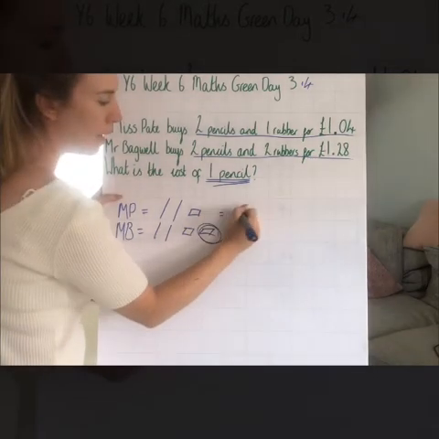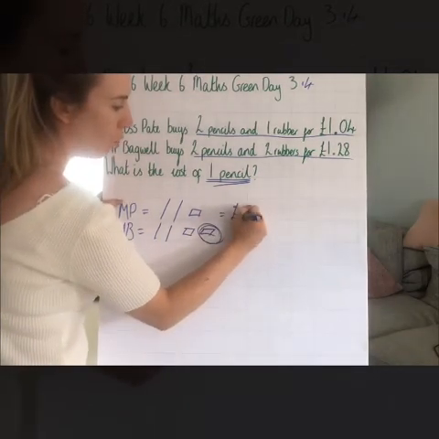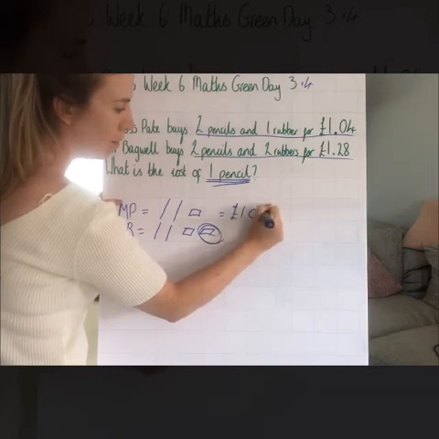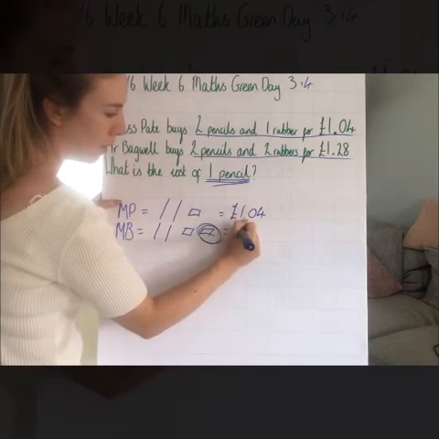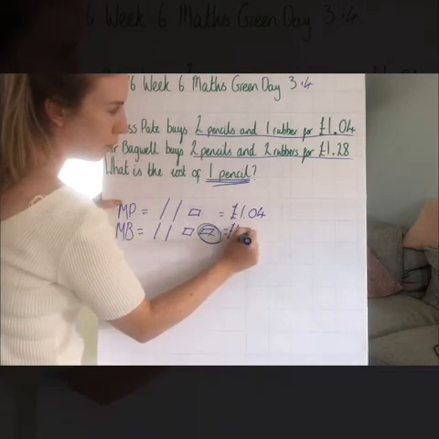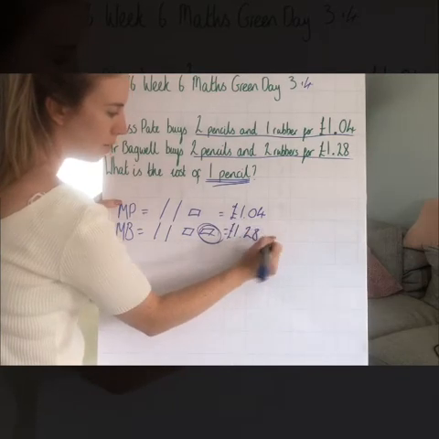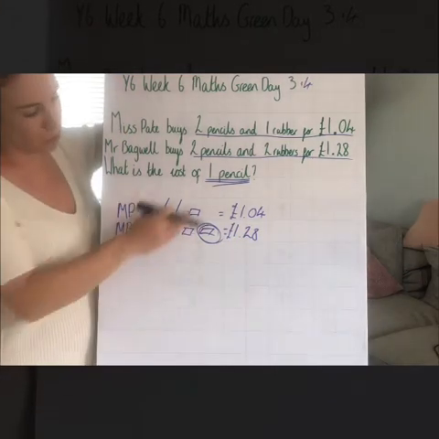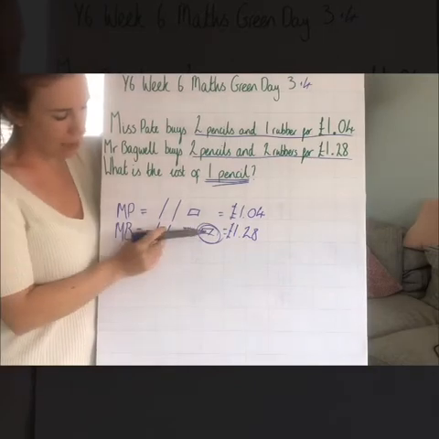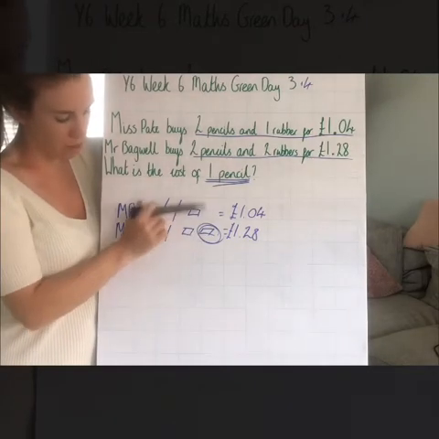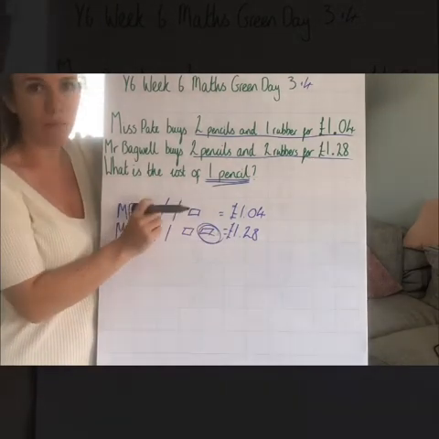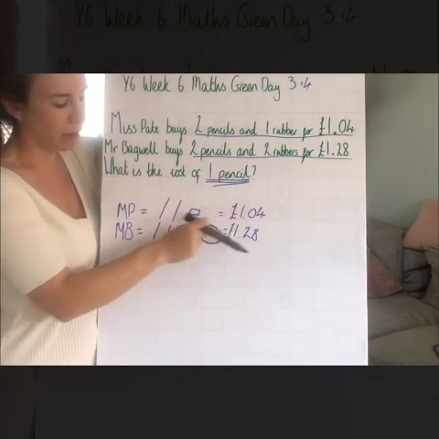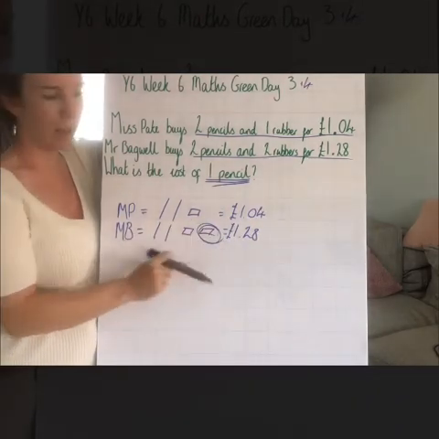Now I paid £1.04 and Mr Bagwell paid £1.28, okay? So I've worked out that the difference is that he bought 1 extra rubber, so the difference in the price is going to be that 1 extra rubber.